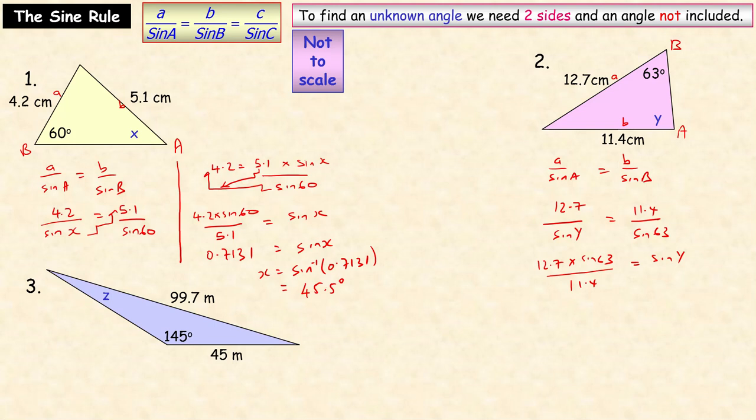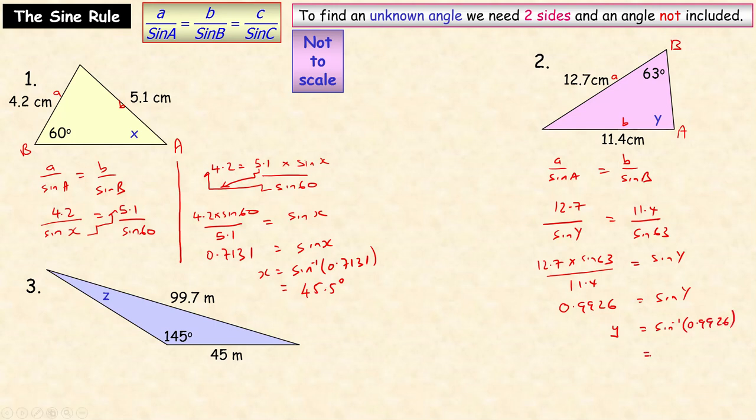Hit play again. You should have 0.9926 equals sine y. So y, capital Y, is equal to sine to the minus 1 of 0.9926.